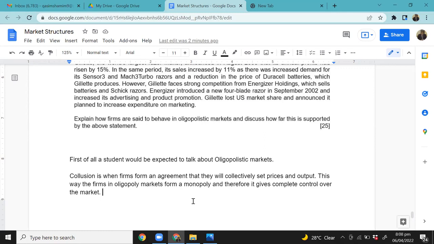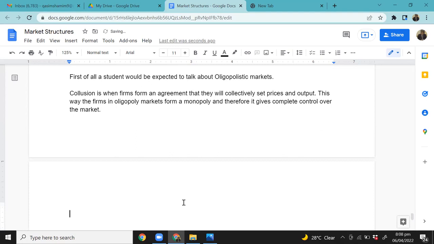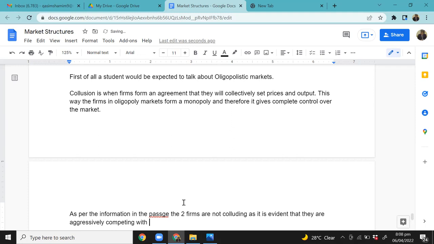Now, the first thing that you will say after explaining what collusion is, is that as per the information in the passage, firms are not colluding, as it is evident that they are aggressively competing with each other.